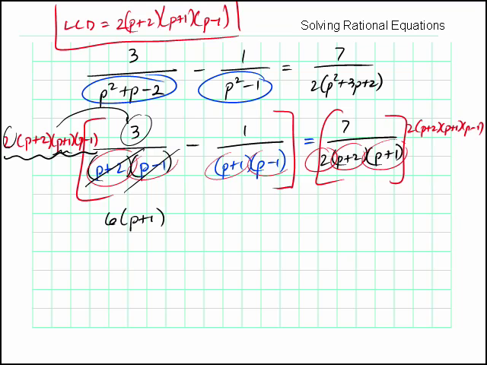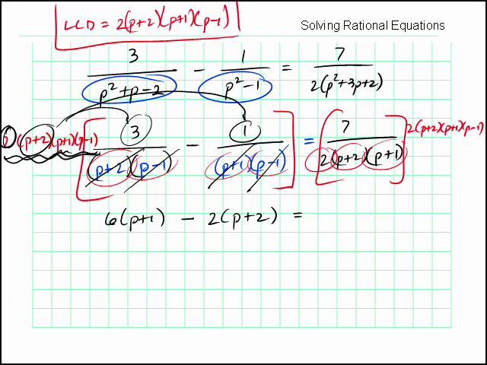Minus this LCD all the way over here multiplied to this. The p plus 1s will cancel, the p minus 1s will cancel, so that'll leave me with the 2 and the p plus 2, times that 1, but that doesn't do anything. That's the left side if it is correctly multiplied by the LCD.